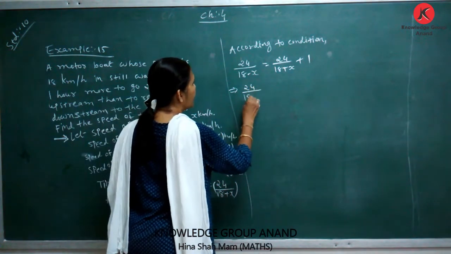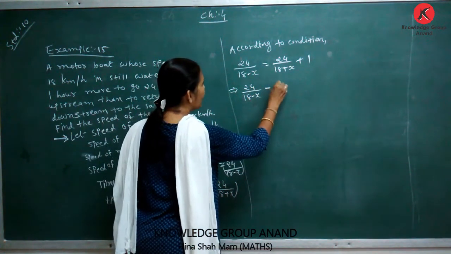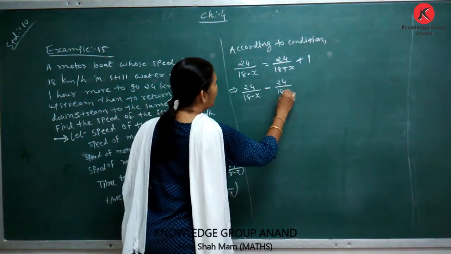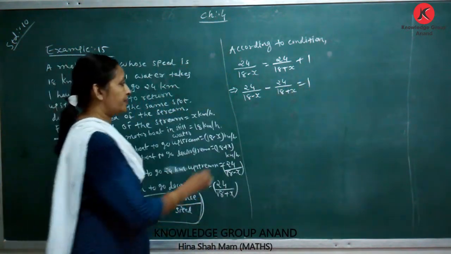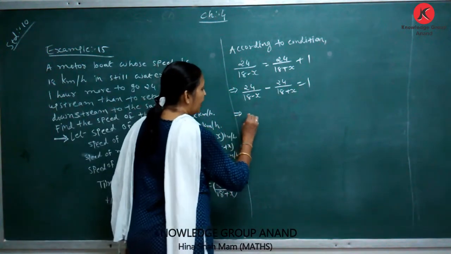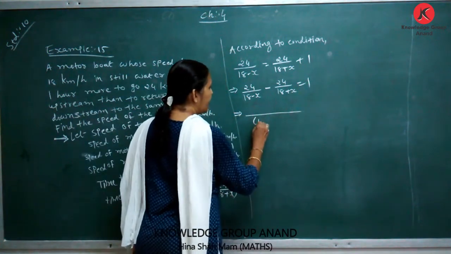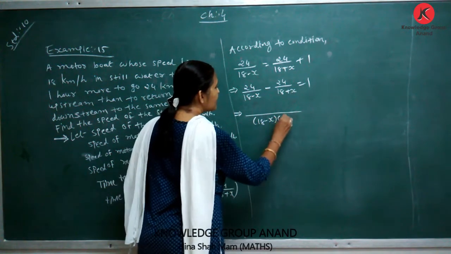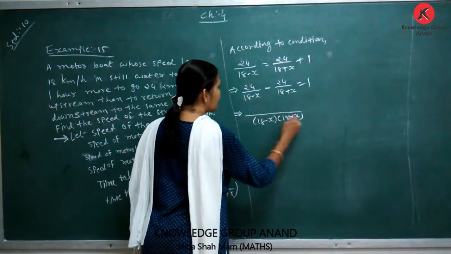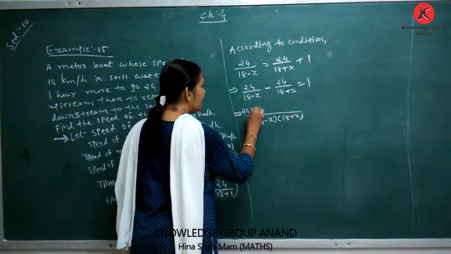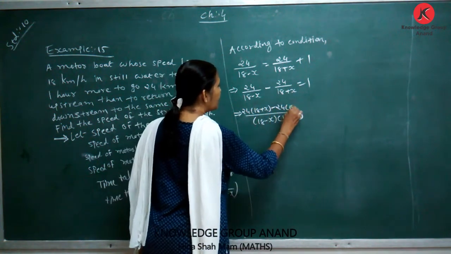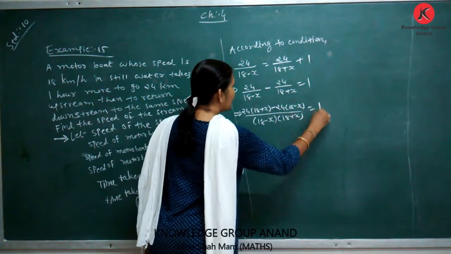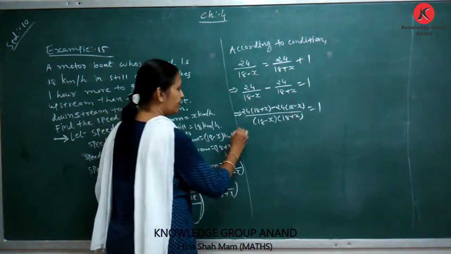So 24 upon 18 minus x minus 24 upon 18 plus x is equal to 1. Taking the LCM of 18 minus x and 18 plus x: 24 into (18 plus x) minus 24 into (18 minus x) is equal to 1.